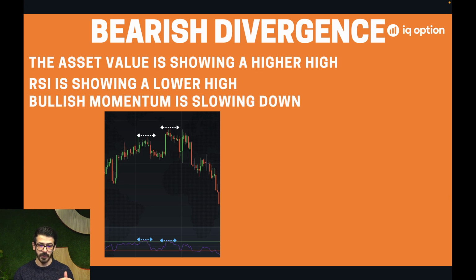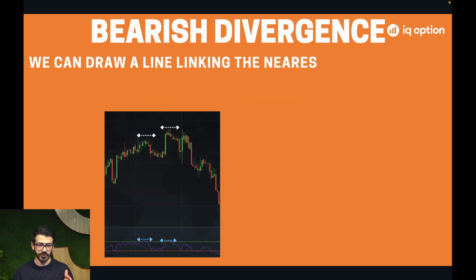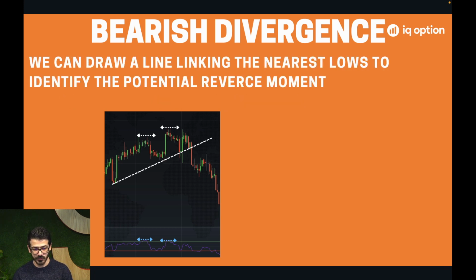In this one, bullish momentum is slowing down, as I mentioned. So we ended up drawing the line to see if the trend is going to break and reverse. We can draw a line linking the nearest lows to identify the potential reversal moment, as we can see here. The moment it broke the line, you can see that the price action continued downwards.